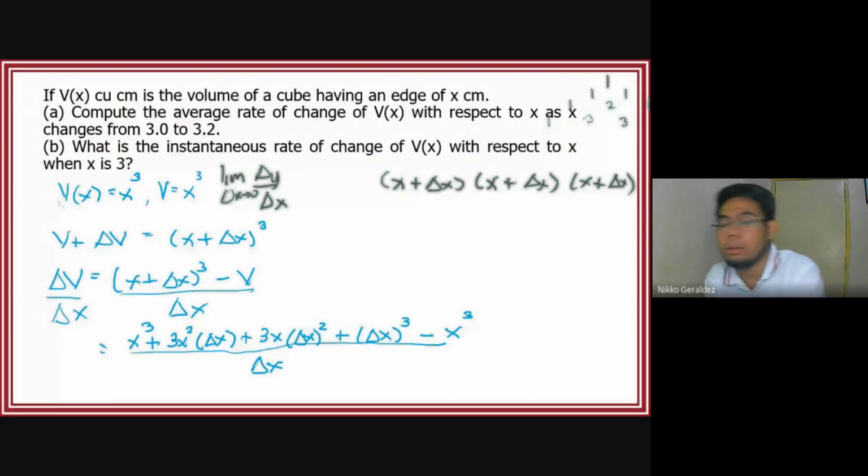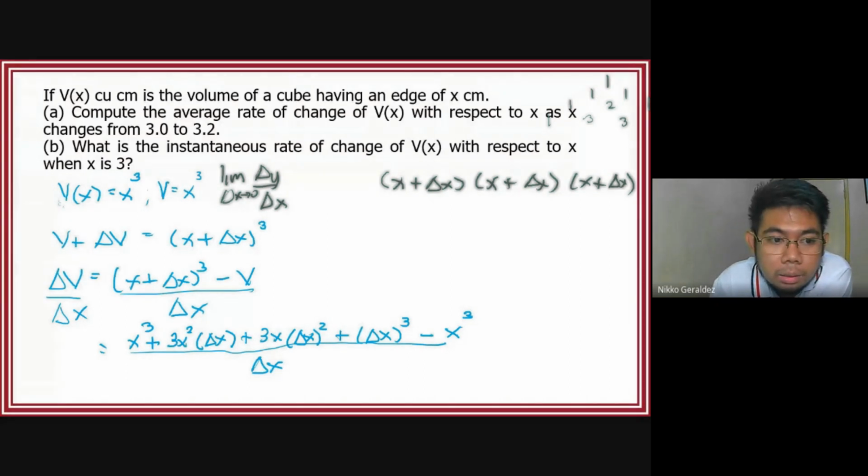Ano yung v natin? X cubed. So that is minus x cubed over delta x. May makakancel. So matitira na lang sa numerator is 3x squared delta x plus 3x delta x squared plus delta x cubed over delta x. So factor out delta x.